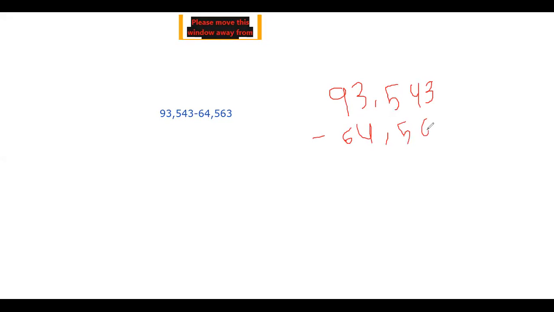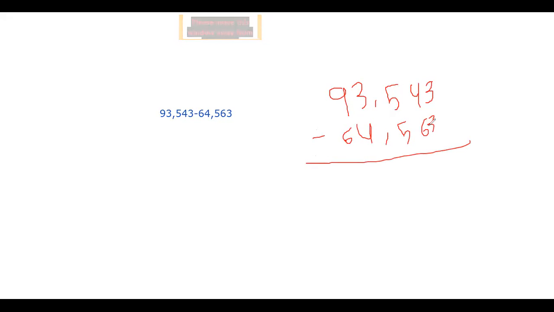Write them above each other, right? So this is 9, 3, 5, 4, comma 3, 4, minus 6, 4, 6, 5, 6, 3. Okay? Now we subtract digit by digit.